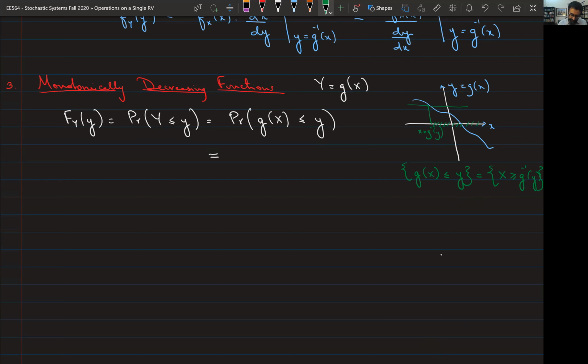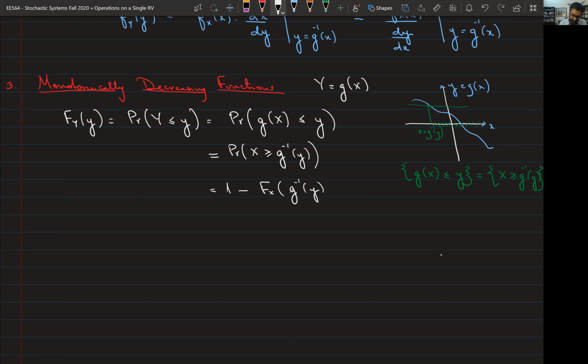So this is equal to the probability that x is greater than or equal to g inverse of y, and then what do I do? This is a CDF on x, right? So this is actually, sorry, this is 1 minus the CDF on x evaluated at g inverse of y, right?